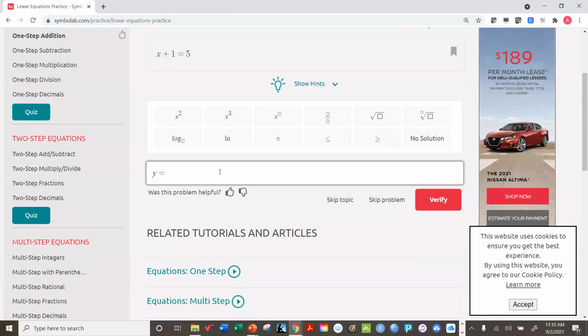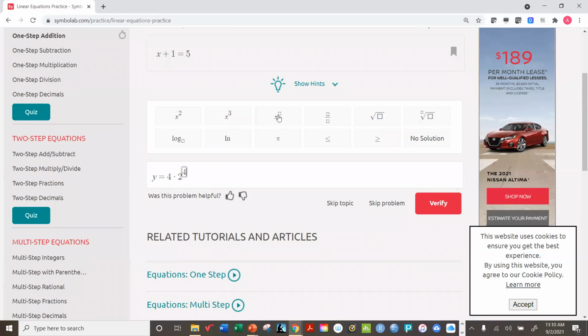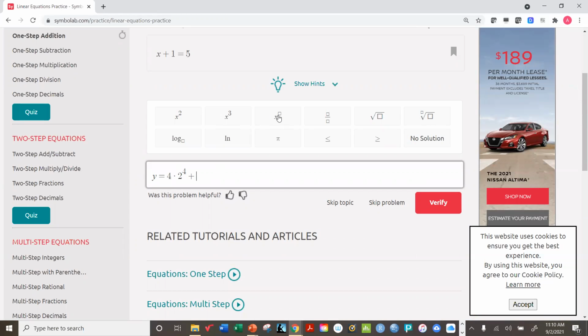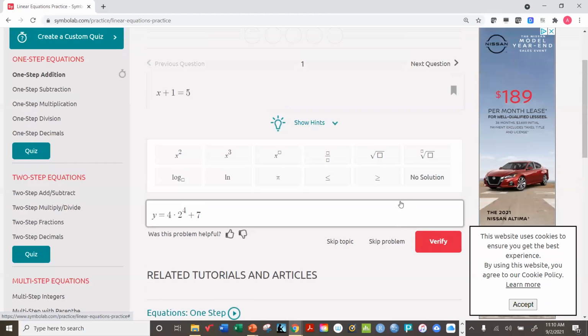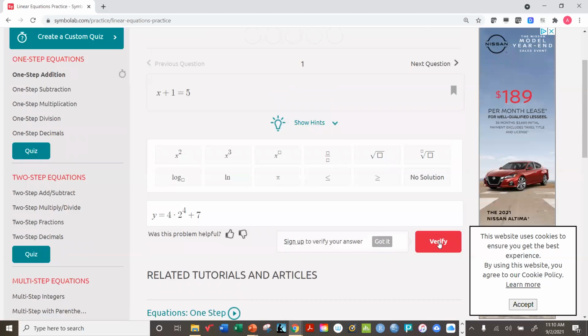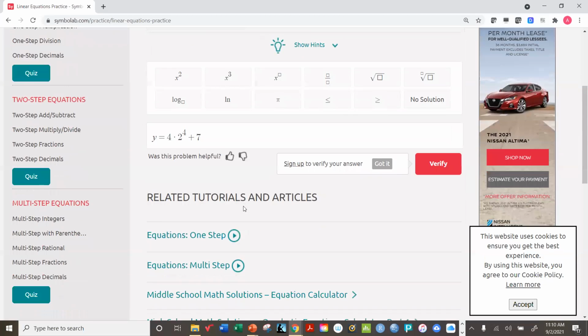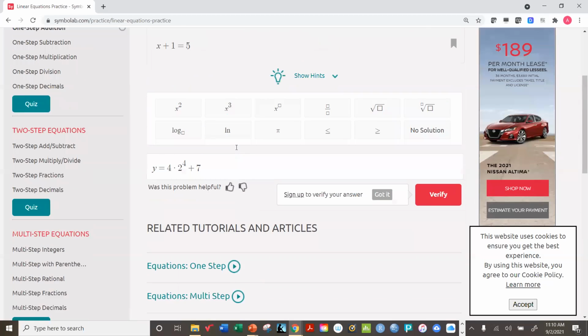Well, let's try another one. Let's try 4 times 2 to the 4th power plus 7. Okay. Oh man, I'm not sure what that was supposed to accomplish.